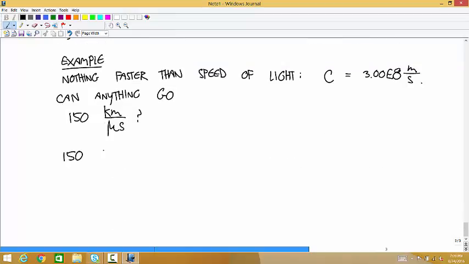So 150 kilometers, I'm going to write that as 150 times 10 to the third meters. And then in the denominator, you can think of that as 1 microsecond, so that's 1 times 10 to the minus 6 seconds.